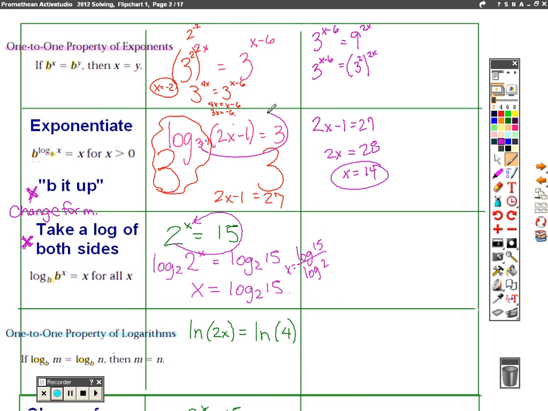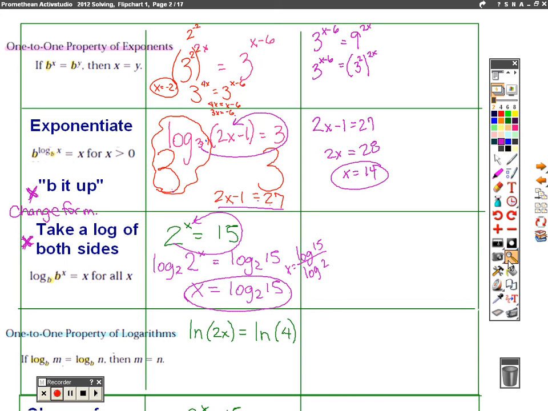So just changing the form would get me straight to here. Same thing here. I could just change the form and go, oh, log base 2 of 15 is x. So you could get immediately to this step if you like. So taking a log of both sides, again, using that property that log base 2 and the base of 2 are inverse operations.